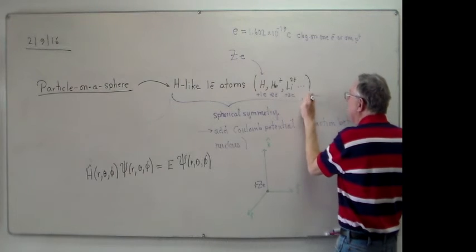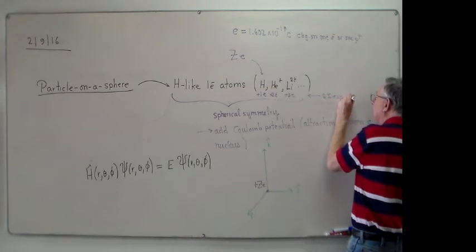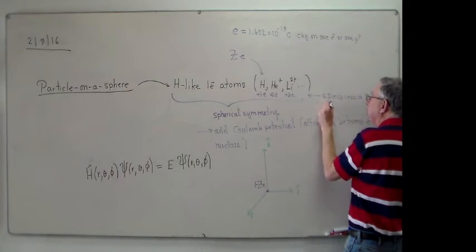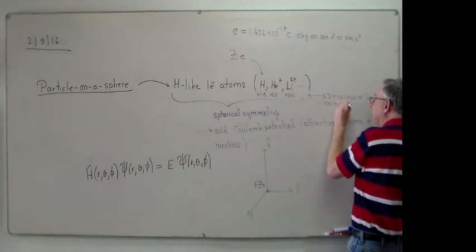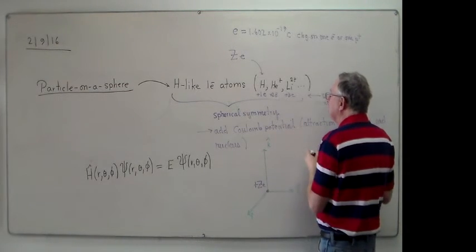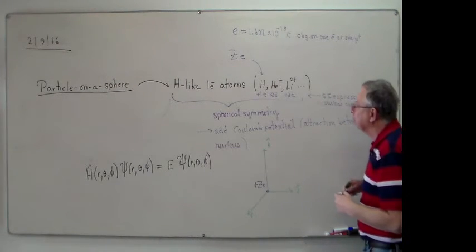So this is the SI expression for nuclear charge. Plus 1, plus 2, plus 3 for hydrogen, helium, and lithium.